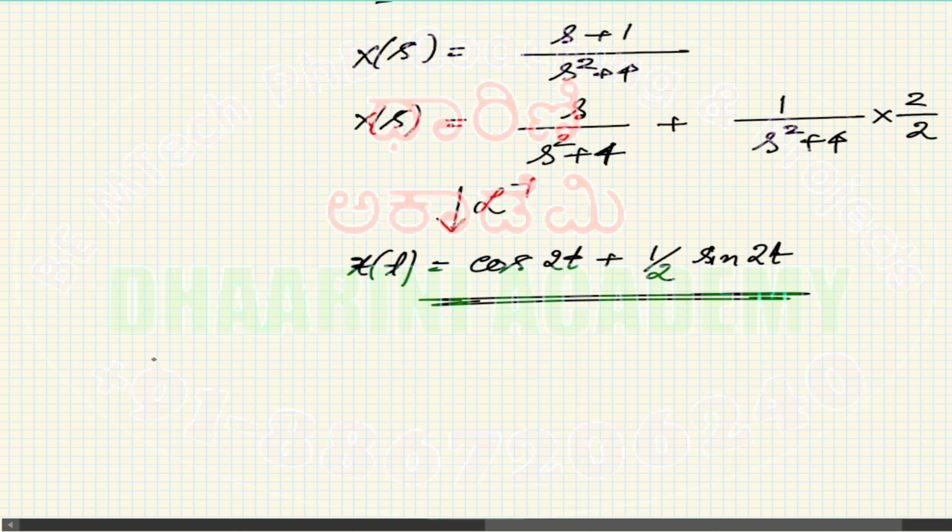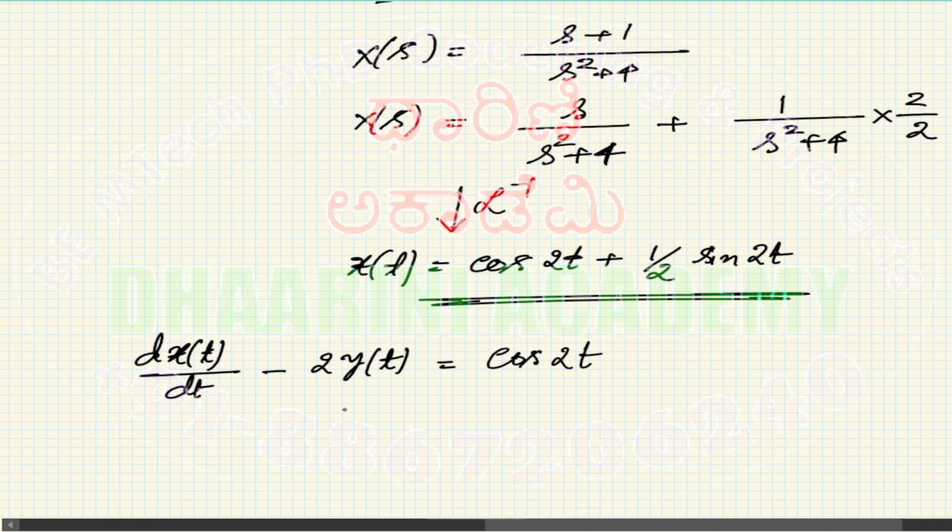Okay, now let's apply this. We know that dx of t by dt minus 2 times y of t equals, I think, a cos function, cos 2t. This is given, right? Now convert this into y of t.